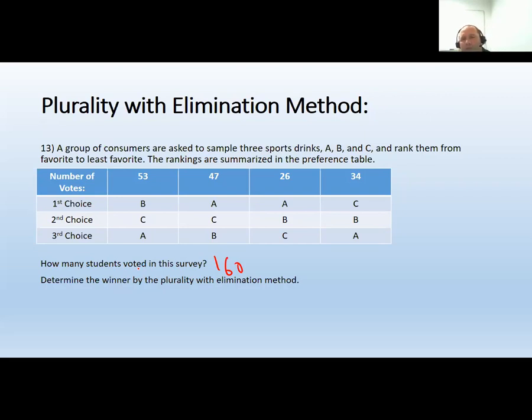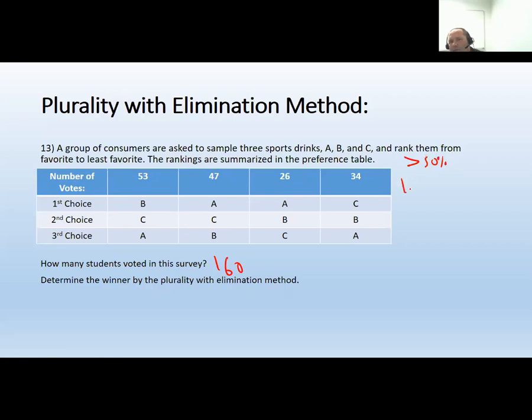Now, you have to know what a majority is. The plurality method is just who gets the most first place votes, but you don't necessarily have to have a majority. Plurality with elimination, you have to have a majority of first place votes. So what is a majority? It's basically greater than 50% of the vote. Any number greater than 50%.